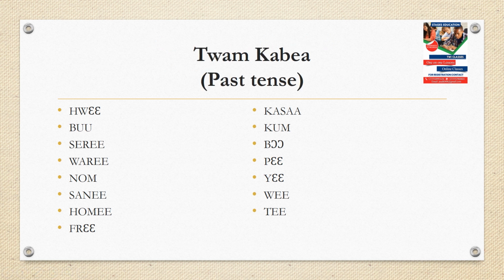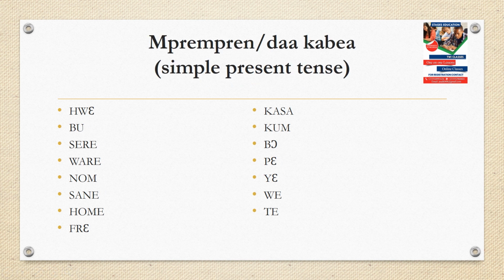And the main thing we'll be doing today is how to bring these present verbs or present tenses into the past tense. So in English, we know that when we are bringing a word like speak, which is kasa, into the past tense, we'll go spoke.